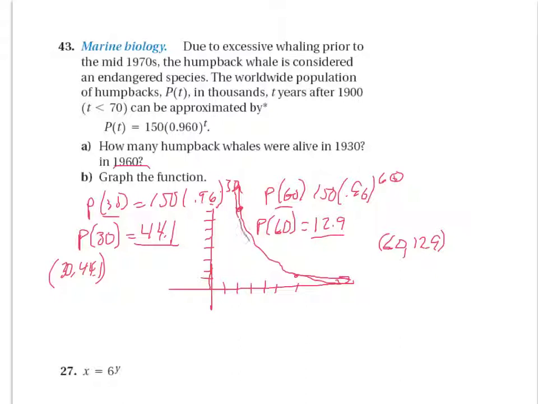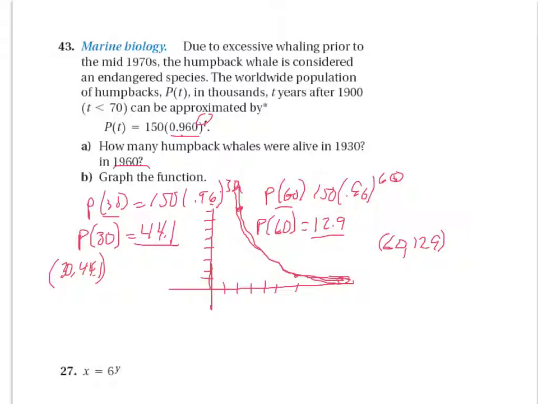Because it's not linear, we know it's not a straight line, right? Because we know exponentials. It's 0.96, so it's less than 1, so I know it's going to curve that way. I know what exponentials look like, so I make it curved. And again, in this case, it's never going to get to zero on that model.